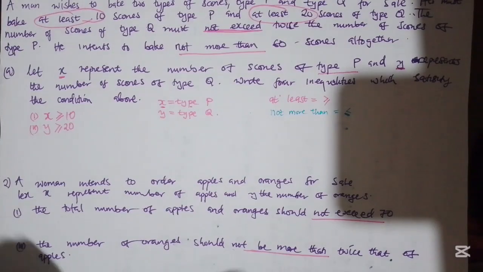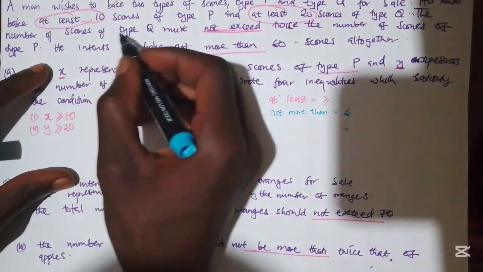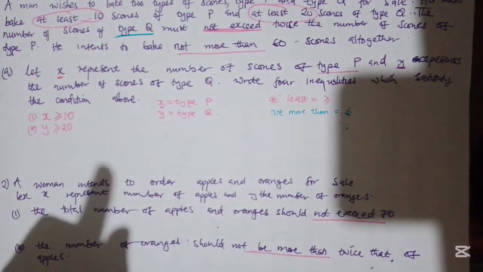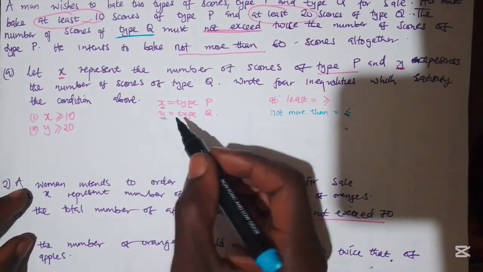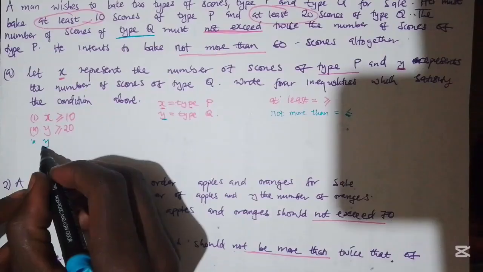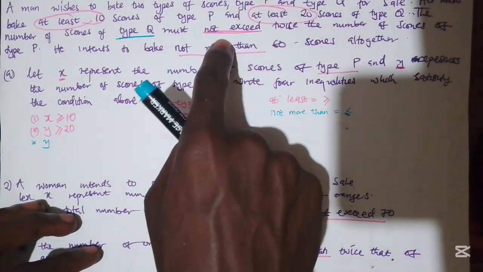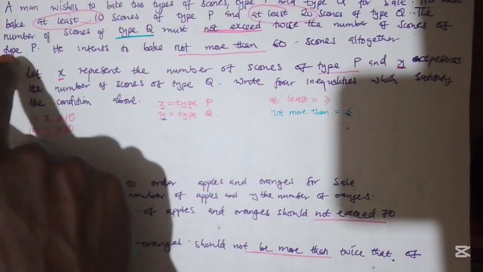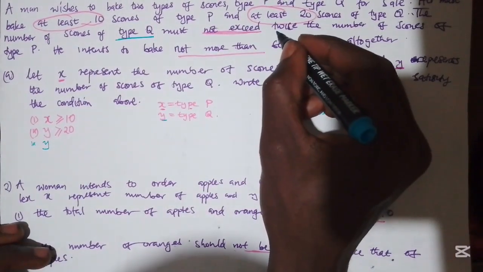Now let's go back to the question and understand it. It is saying the number of scones of type Q. So what is type Q? Type Q is Y. So you say Y. Then you go back to the question: must not exceed twice the number of scones of type P. What do they mean when they say must not exceed twice?